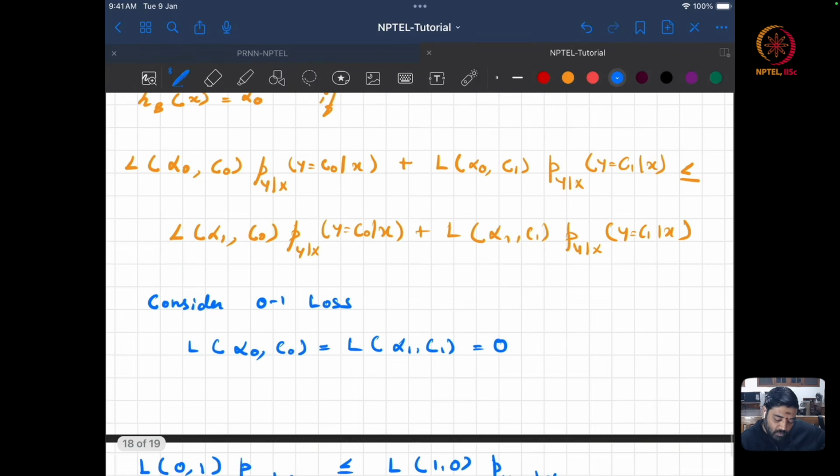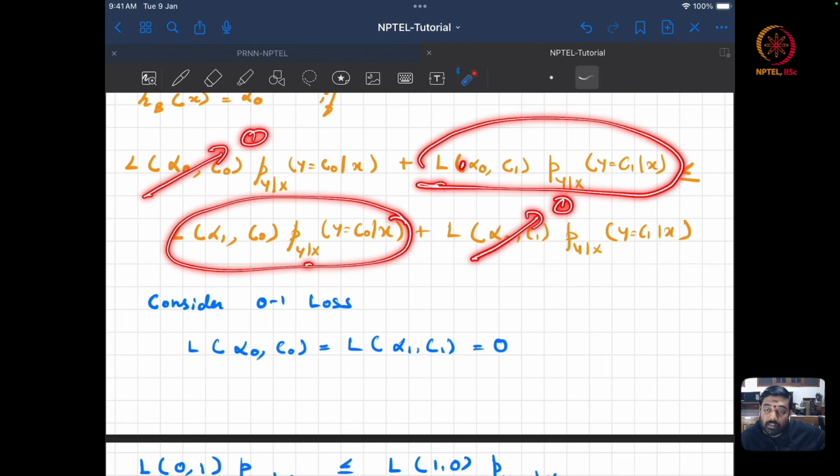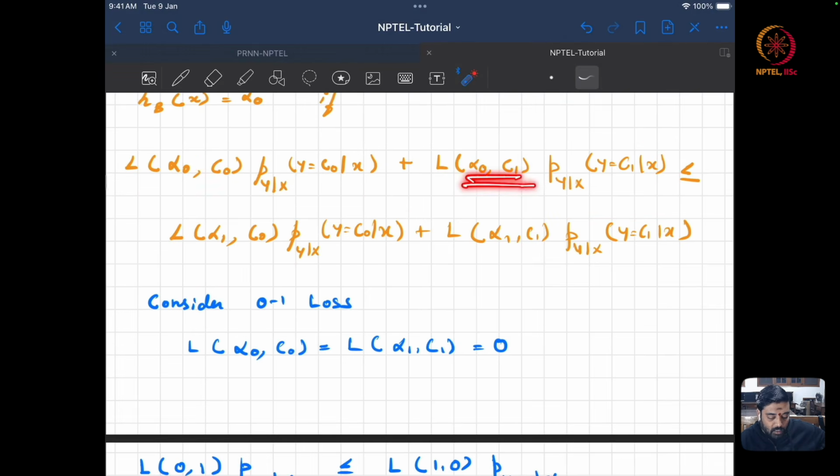Why is this? Because this will be 0 and this will be 0, therefore you have this term and this term, wherein there is a mismatch in terms of the decision.